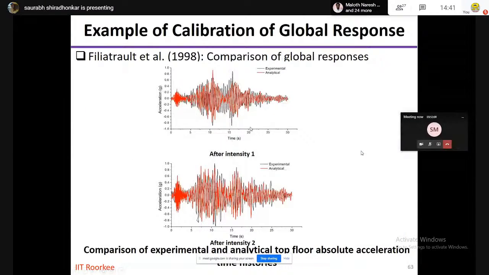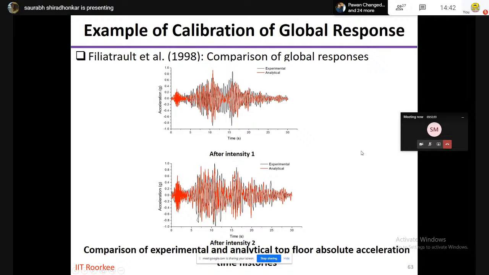So these are again the comparison of the analytical and experimental studies. If you notice, there is not an exact match between the analytical and the experimental study; the analytical study is slightly distorted compared to the experimental. But this doesn't matter much, because when it comes to collapse, I'm always interested in the peak response.